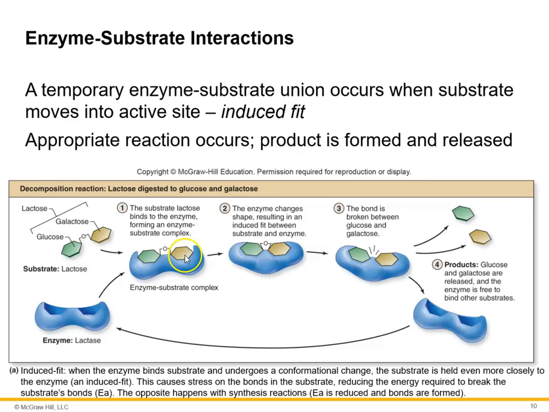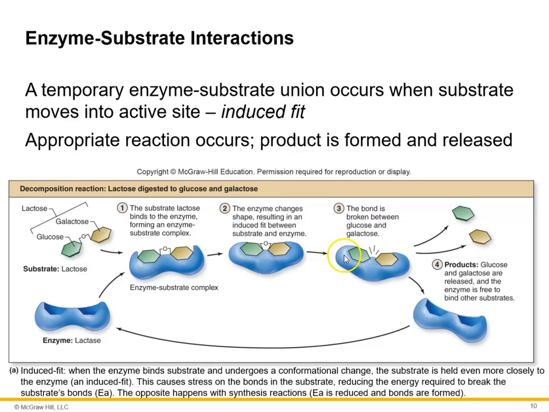Now, when lactose binds to the active site, the enzyme is going to change shape just a little bit. And we call this a conformational change. And when the enzyme changes its shape, it puts pressure or stress on these bonds in lactose, and it breaks them.